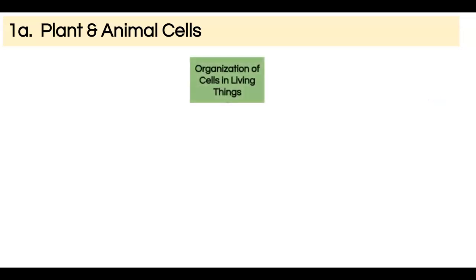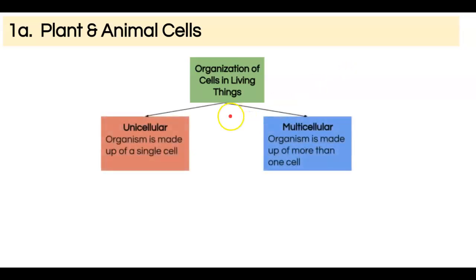Okay, so let's sum things up. If we choose to classify cells in this way, we can talk about all living organisms, and we can break them down into unicellular organisms and multicellular organisms. And so, of course, unicellular organisms are organisms made up of a single cell, whereas multicellular organisms are made up of more than one cell. Right?